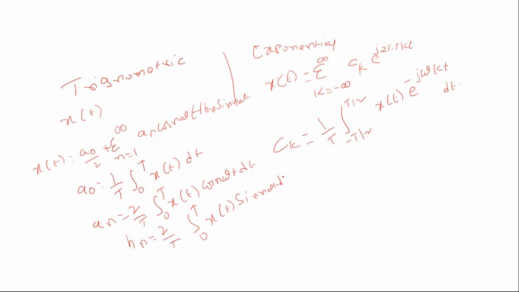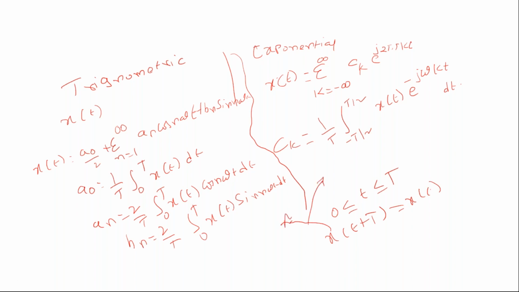Now, please try to understand, any given problem which is periodic has to satisfy this condition. For such signals or functions, you can apply either the trigonometric Fourier series or the exponential Fourier series.